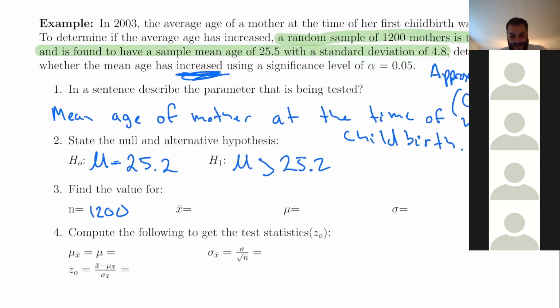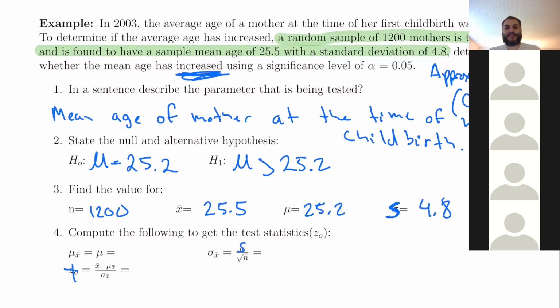So we're going to say X bar is 25.5, mu is 25.2, and sigma is 4.8. Or sorry, it should be S. S should be 4.8. Any questions in regard to that so far?